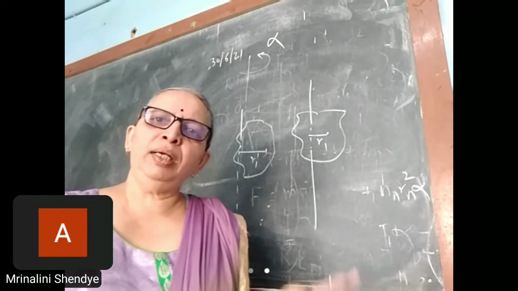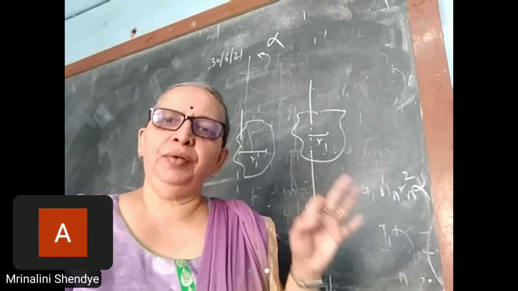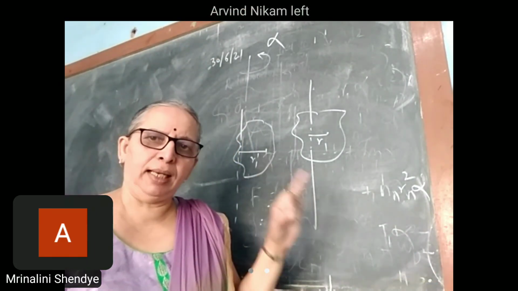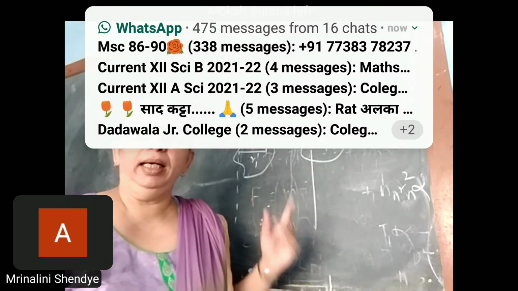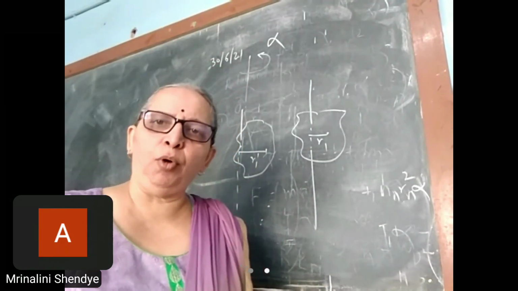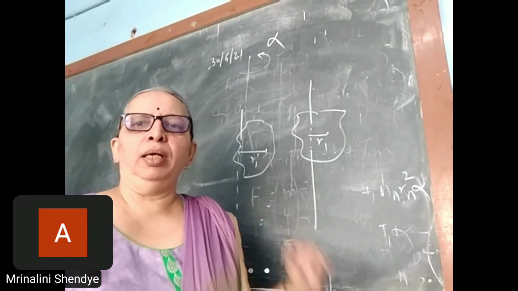So moment of inertia is a new term. It is very important. Its physical significance is that it plays the same role as that of mass in linear motion. It not only depends on the mass of the body but also depends on the distribution of mass about the axis of rotation.